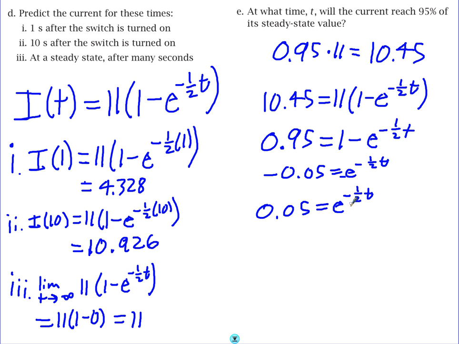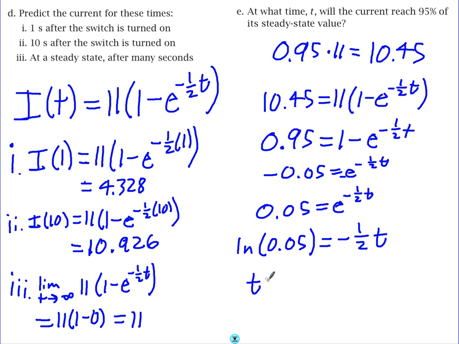Okay, I want to get rid of the e, so I'm going to have to take the natural log of each side. Natural log of 0.05 equals natural log of e to the negative 1/2 t, which would just be negative 1/2 t. So then I can just multiply both sides by negative 2.